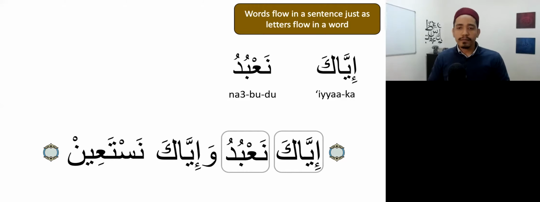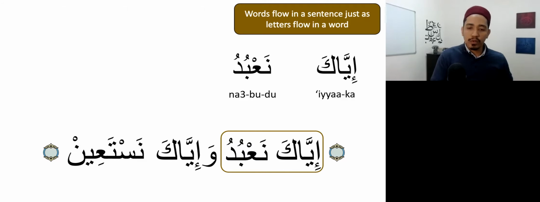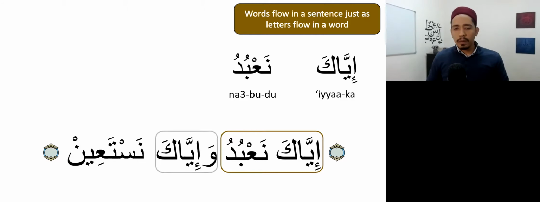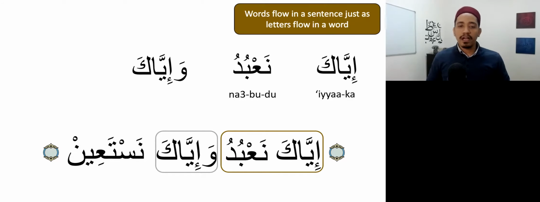So if we have iyyaka and na'budu, we want to join them together. Then it will be read as iyyaka na'budu, as one word. Now we want to add another word to that. Here we have wa iyyaka. By now we have already mastered the process of reading a word, breaking it up into smaller pieces, and how we should break it up and how we should join the words.